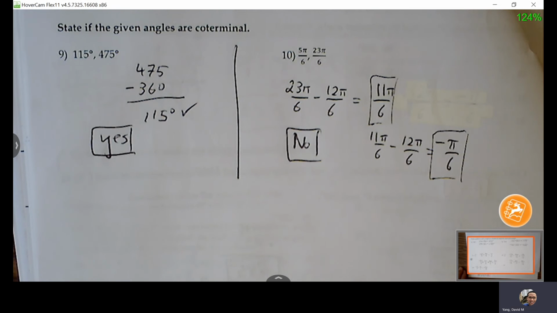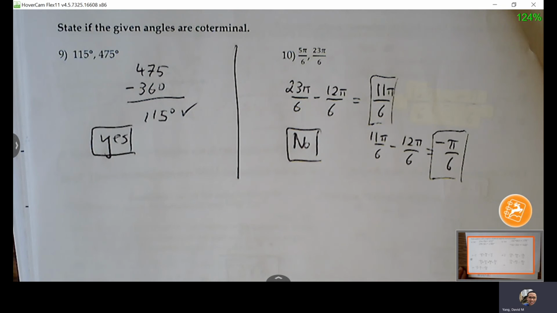Just show me how you are approaching the problem and that you understand the process. So for 9, I'm going to work with that 475 because that's the one that I don't recognize. If I subtract 360, if I can get that 475 to eventually turn into 115, then I know that those share the same terminal sides.